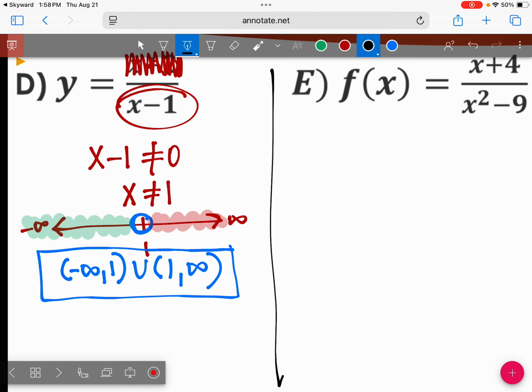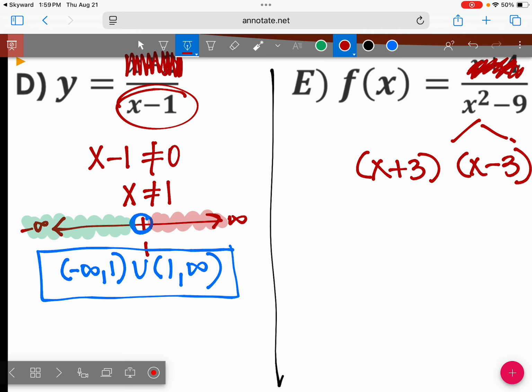Okay, so the reason why this one is icky is because we have a quadratic in the bottom. So what that means is, first of all, again, I don't care about the numerator. This has nothing to do with my domain. That means I have two numbers in my domain that I have to eliminate. So I'm going to factor this down. This would factor down to x plus 3 and x minus 3 because that's the difference of squares.